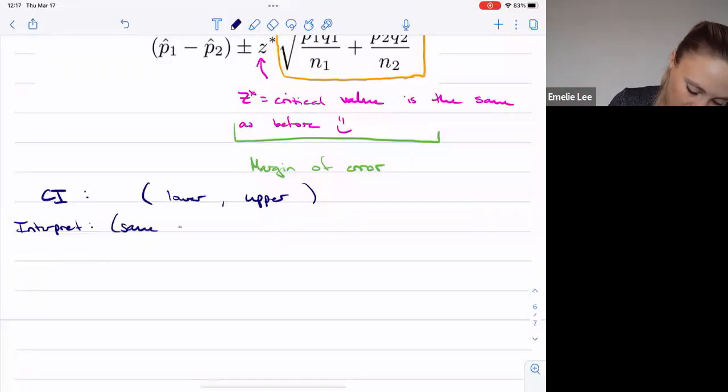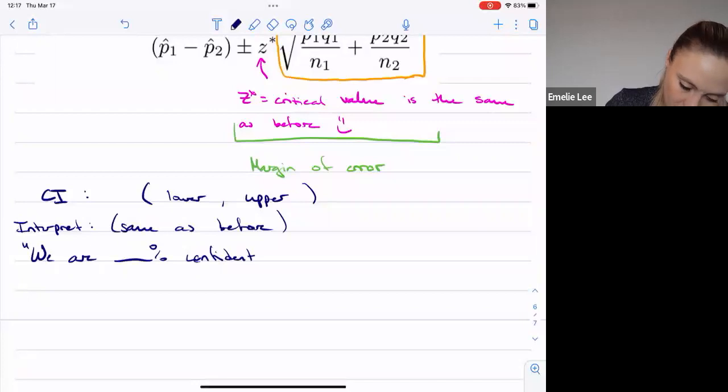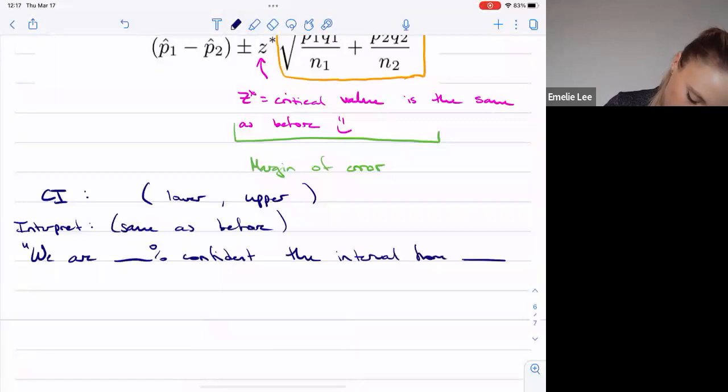We are some percent confident the interval from blank to blank captures the difference in population proportions.